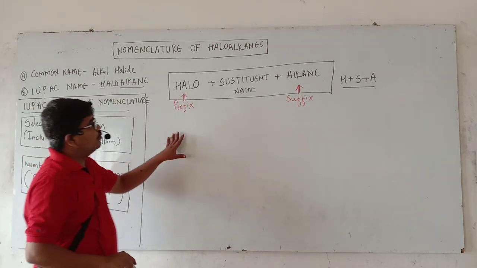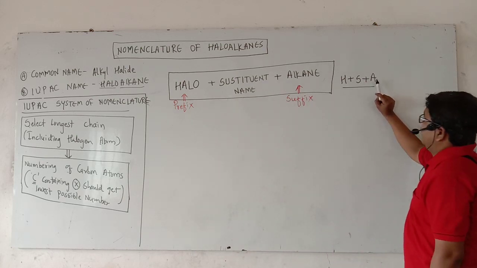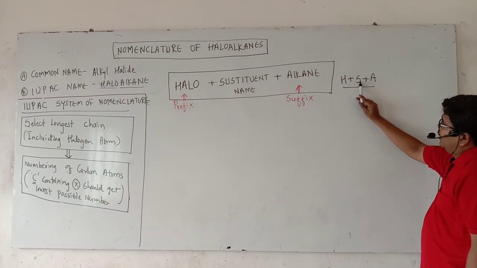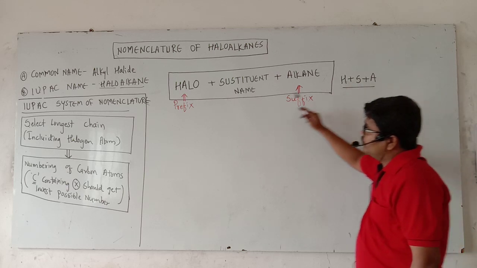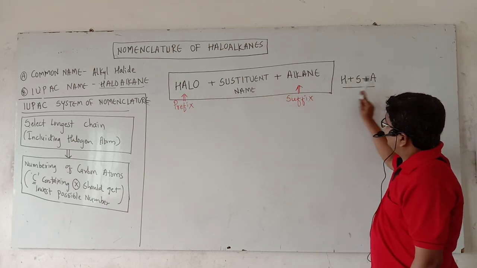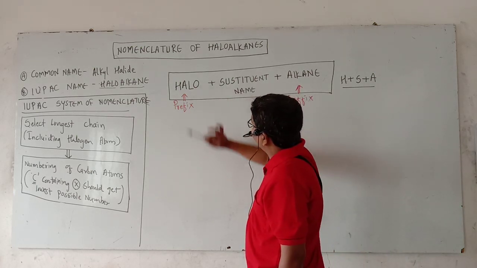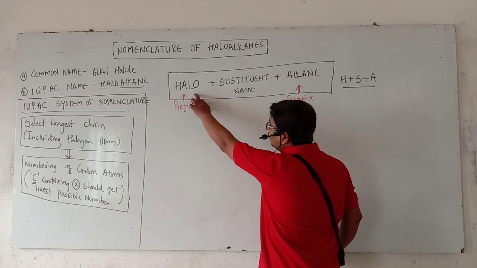And the common formula will be HSA. What is HSA? H means halo, S means substituent, A means alkane. So first you will write the halogen's name in the form of halo.